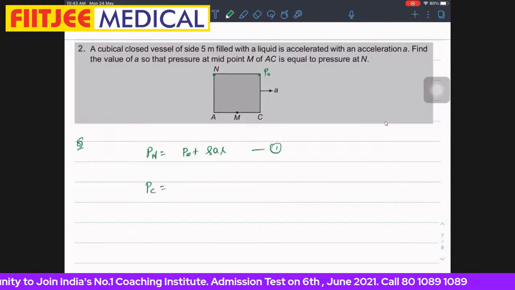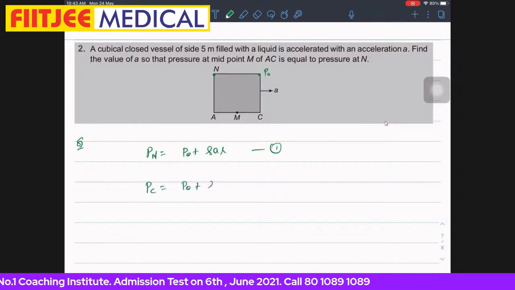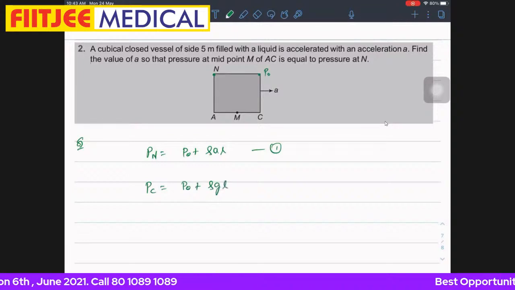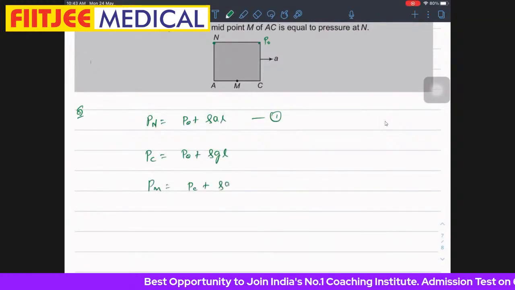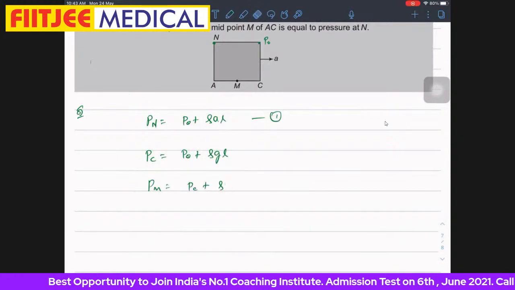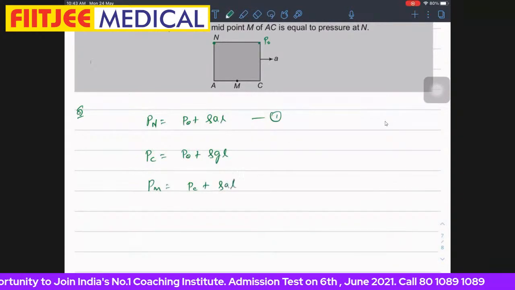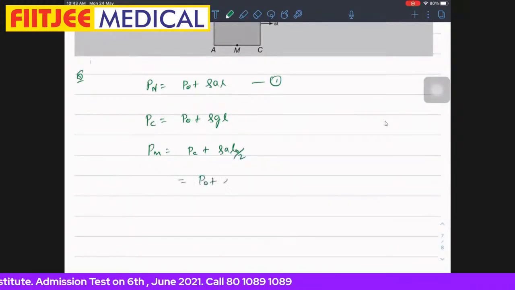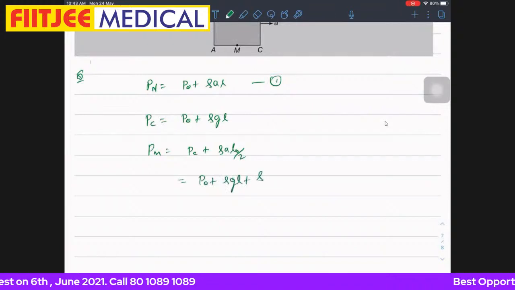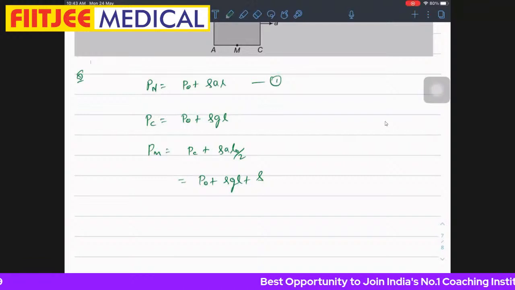First find the pressure at C. Pressure at C will be P naught plus rho G L, the cube side being this, right? So the pressure at point M will be equal to PC plus rho A L naught by 2. So the pressure at C, what I got, P naught plus rho G L, plus rho A L naught by 2.